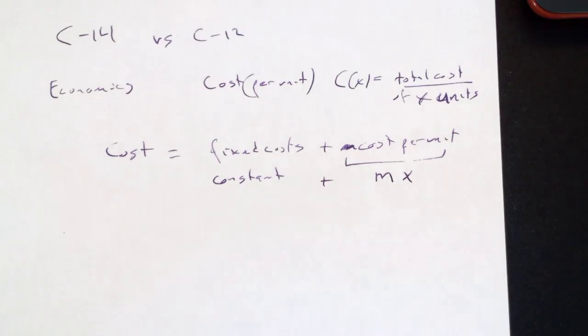But then I can take the derivative here. Wait a minute, this is a straight line. What's the derivative of my cost function? Whatever the slope of that line is, right? That's called the marginal cost.